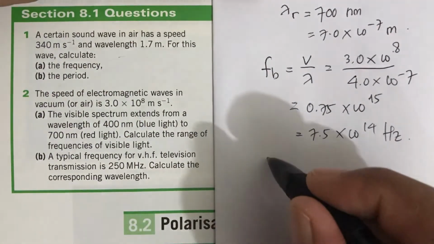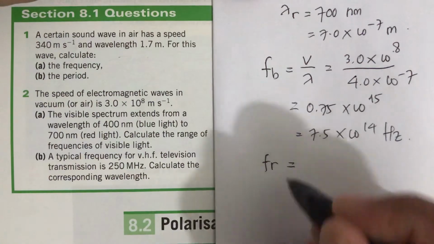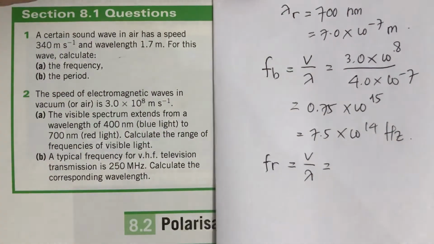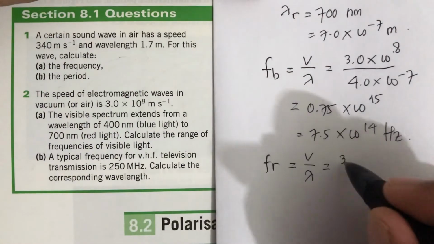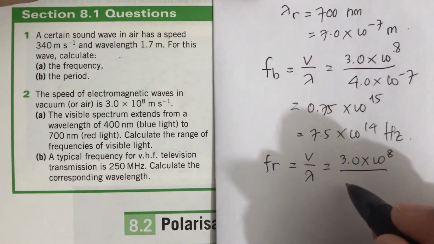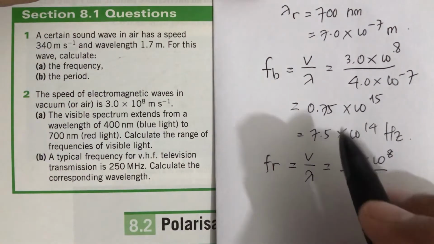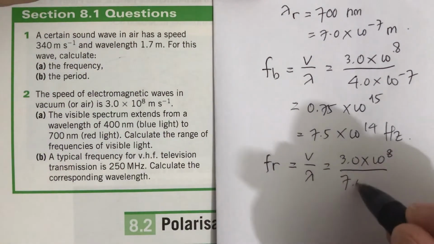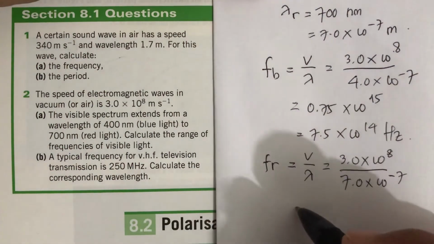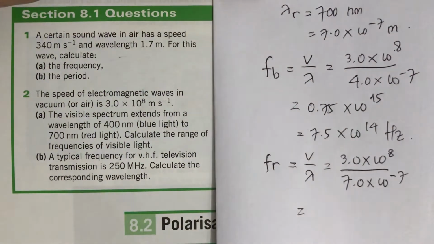Now the frequency of the red light. Same thing, we use the formula V over lambda. V is 3.0 times 10^8, and lambda is 7.0 times 10^-7. This is 3 divided by 7.